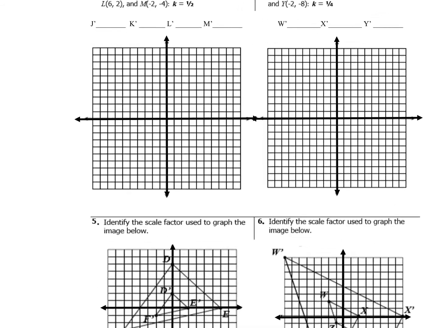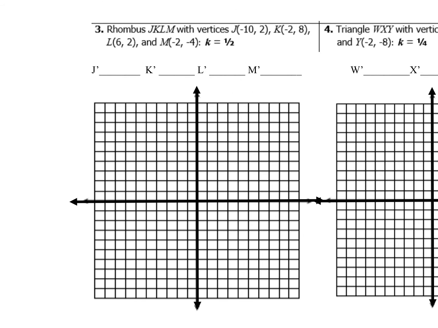All right, on the next page, we are going to do number 3. So we have rhombus JKLM. I'm going to go ahead and graph the original. J is at -10, 2. K is at -2, 8. L is at 6, 2.